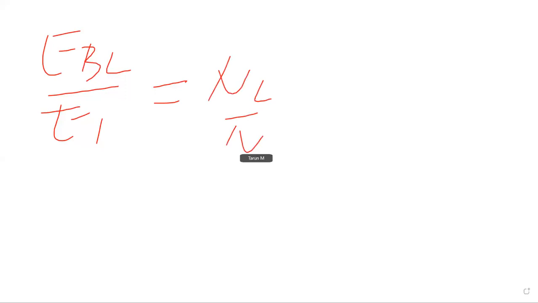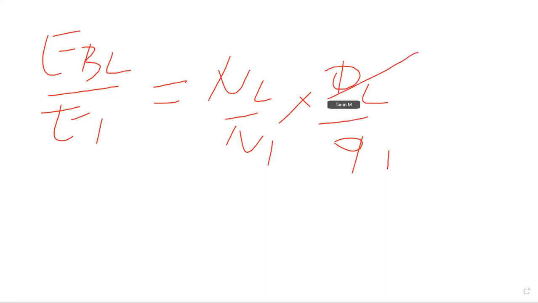EB2 upon EB1 equal to N2 upon N1 into phi 2 upon phi 1. Can we write it like that? So phi 2, denominator part, no load, sorry, EB divided by EL.